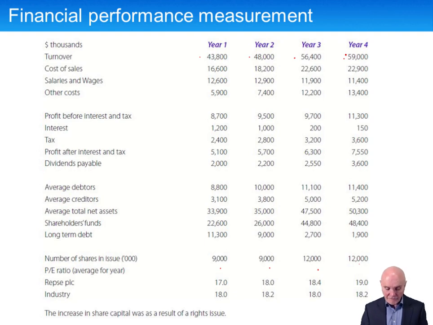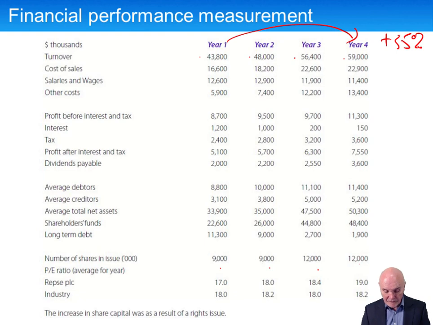But 59,000 minus 43.8 divided by 43.8. It looks like about a 35% increase in turnover over the 1 to the 3 periods, the four years. So that's pretty good.